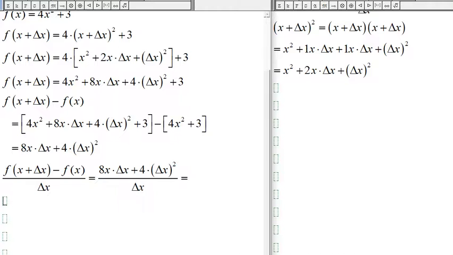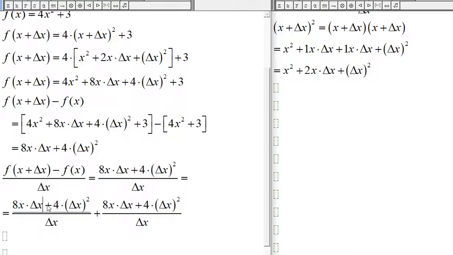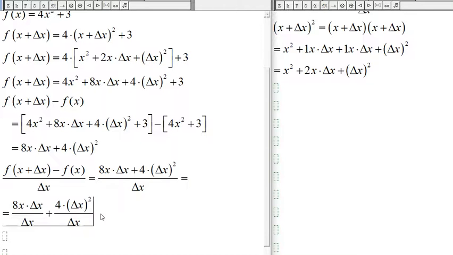And if this is confusing, then we can split this up like this. This is the same as this. And now we can see that 8x times delta x divided by delta x is just going to be 8x. And then this is 4 times delta x squared dividing by delta x, and then we get 4 delta x.